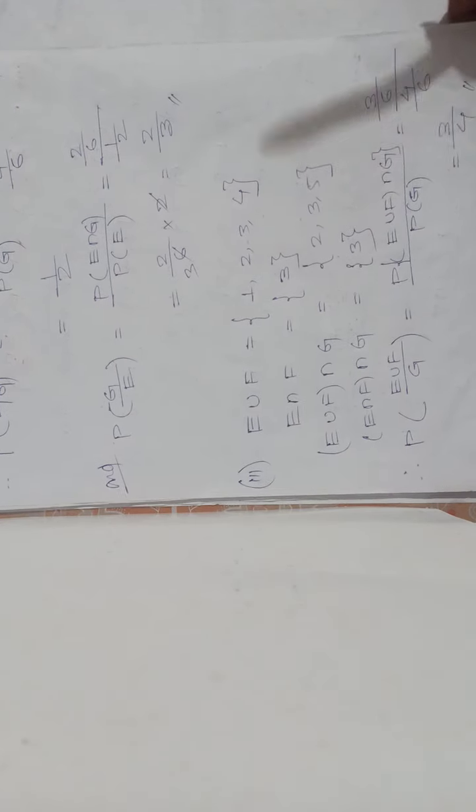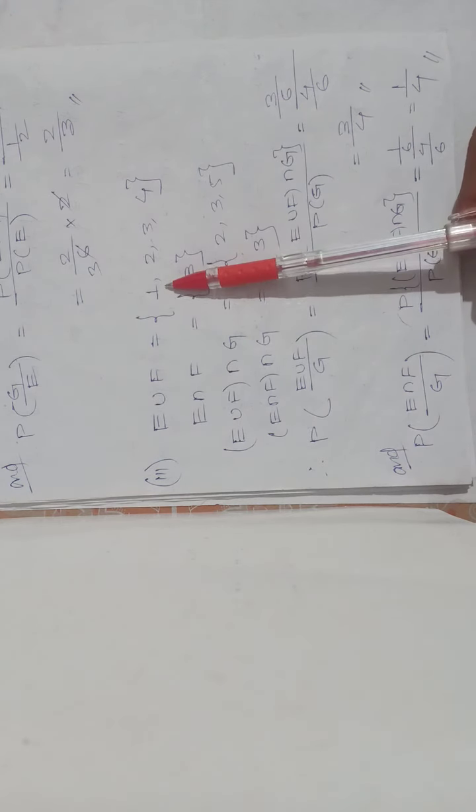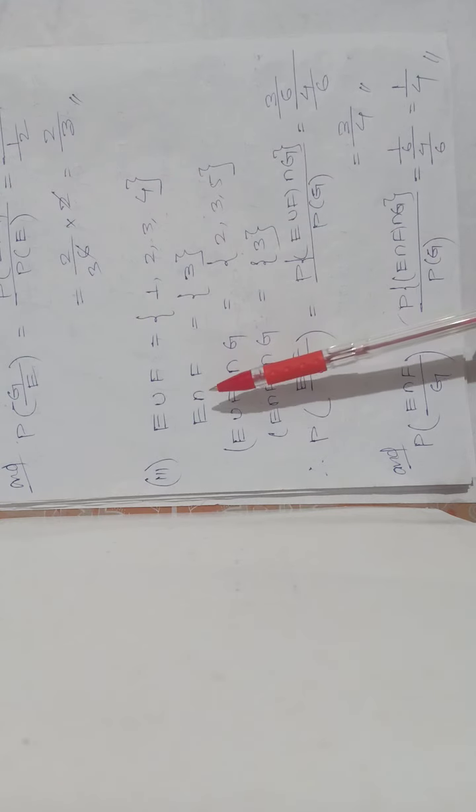Third question is E union F. We have to find E union F first. So E union F is {1, 2, 3, 5} and E intersection F is {3}. So (E union F) intersection G will be {2, 3, 5} and E intersection F intersection G is only one element, 3.